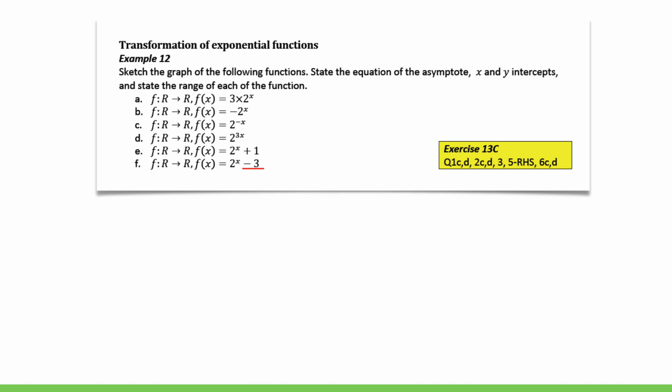Part F is exactly the same, except you can see now my graph has been dropped by 3. So my asymptote this time is going to be at -3. So there's my asymptote there.